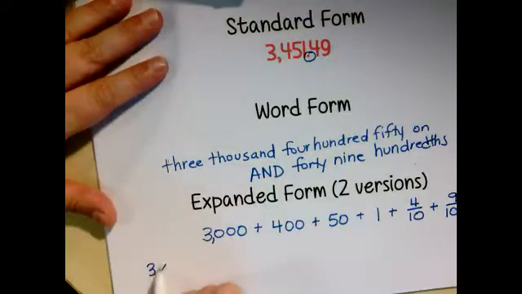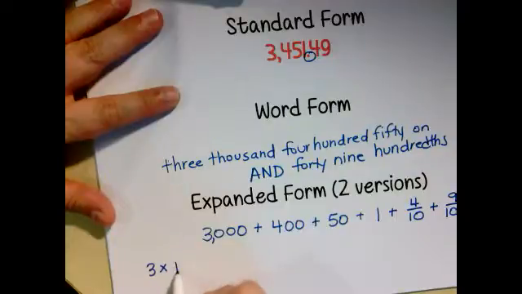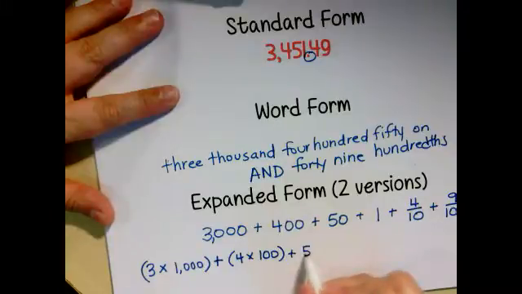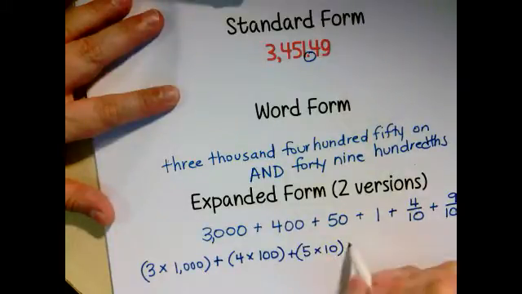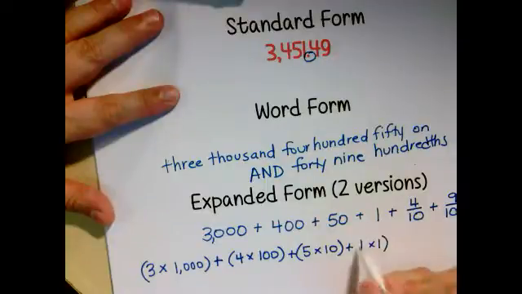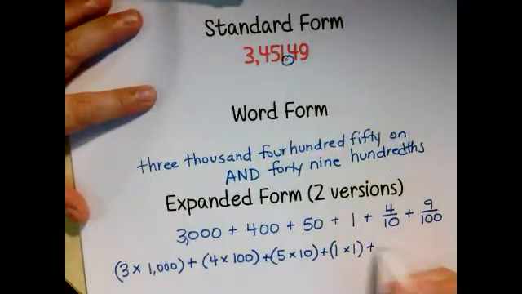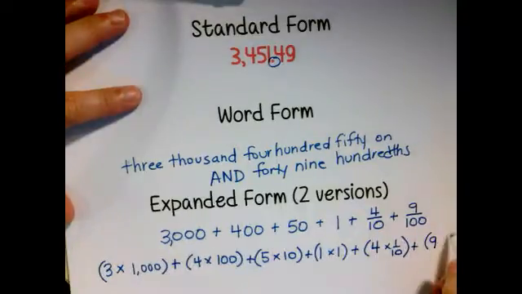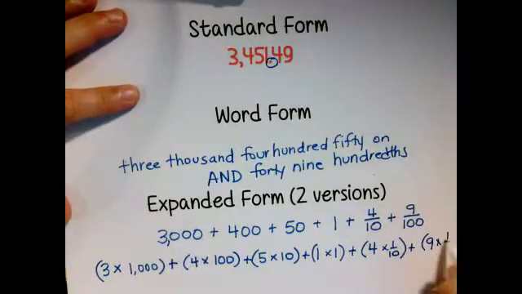We could say 3 times 1,000, because that's in the thousands place, plus 4 times 100, plus 5 times 10, we're in the tens place, plus 1 times 1, because of the ones place, plus, and then you could go back to just saying 4/10 or 4 times 1/10 and 9 times 1/100.